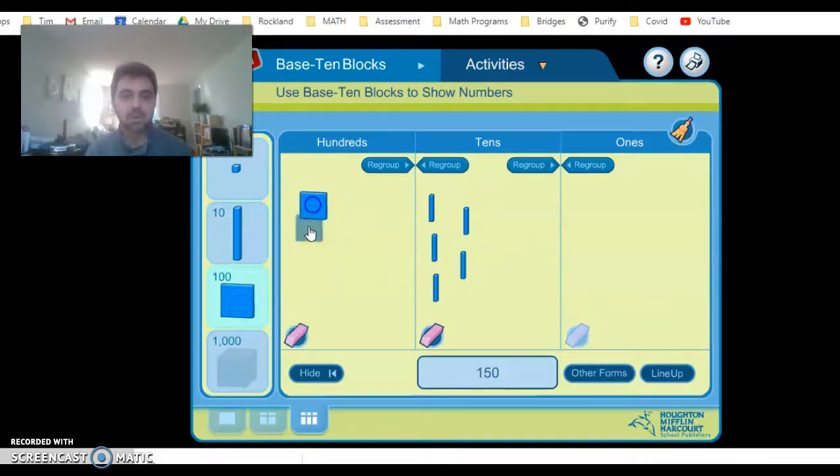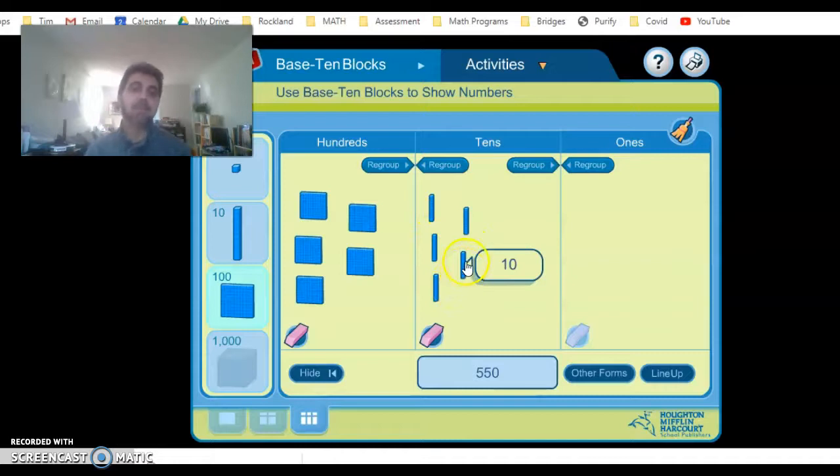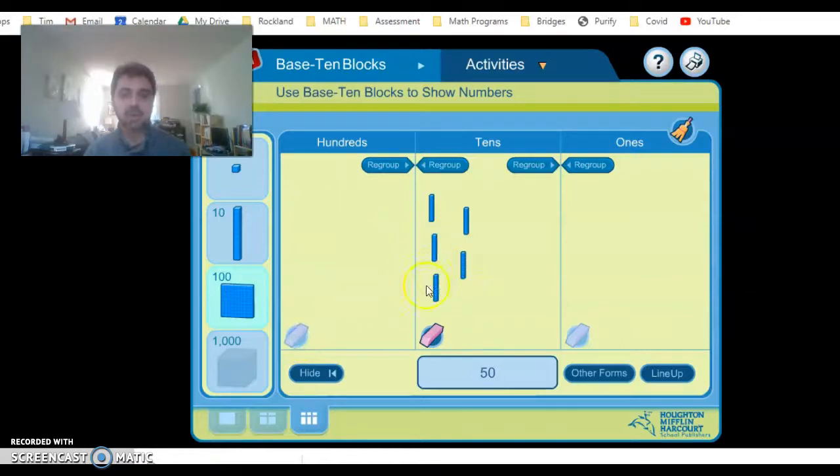So 1, 2, 3, 4, 5. Okay, so we can see that there are 5 tens, and if we multiplied that by 10, we would get 5 hundreds. So let's take a look at that real quick.